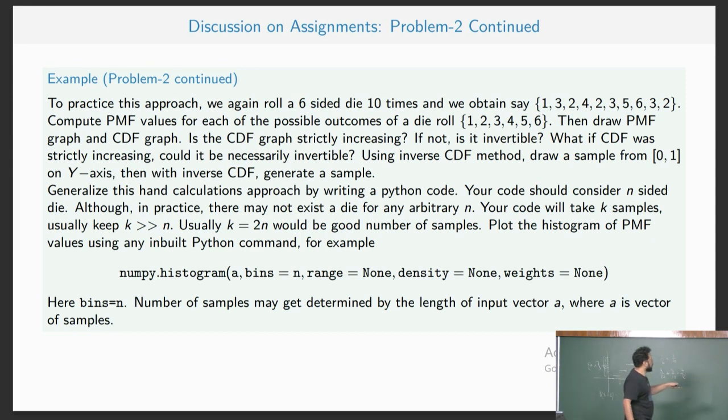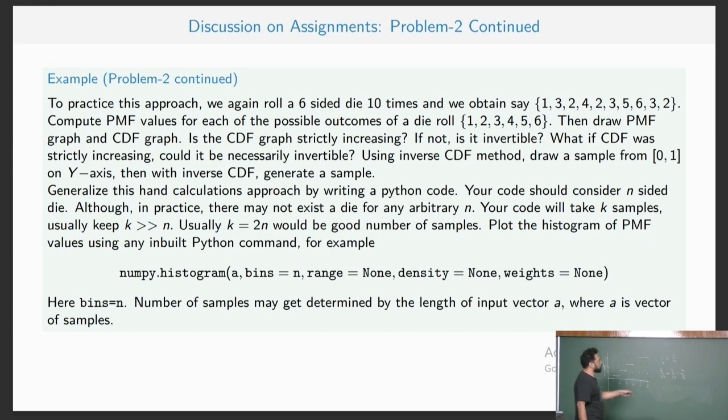So this was an example that we can do on paper, and you can generate some samples like that, and then we can generalize this by writing some Python code, which is also pretty straightforward, I would say.